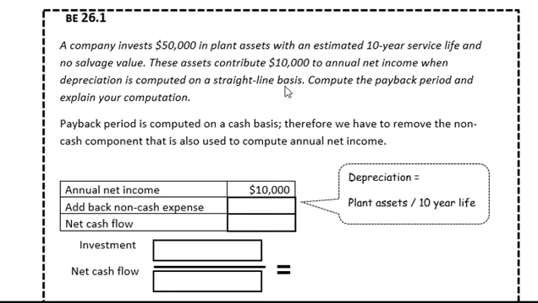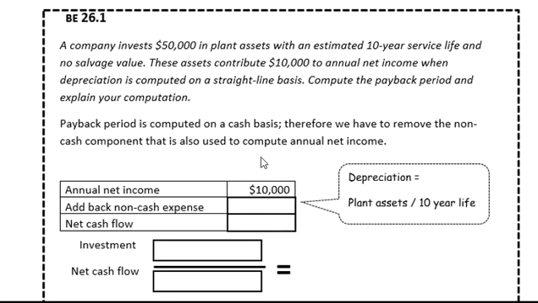So we're asked to compute the payback period. Now remember, the payback period is computed on a cash basis. Therefore, we're going to have to remove the non-cash component that is also used to compute annual net income.